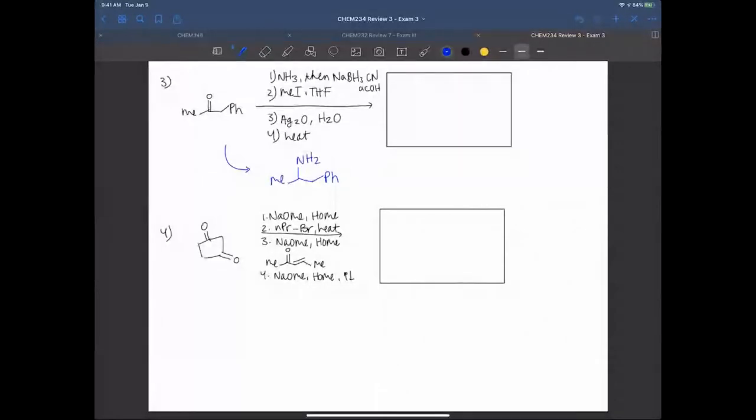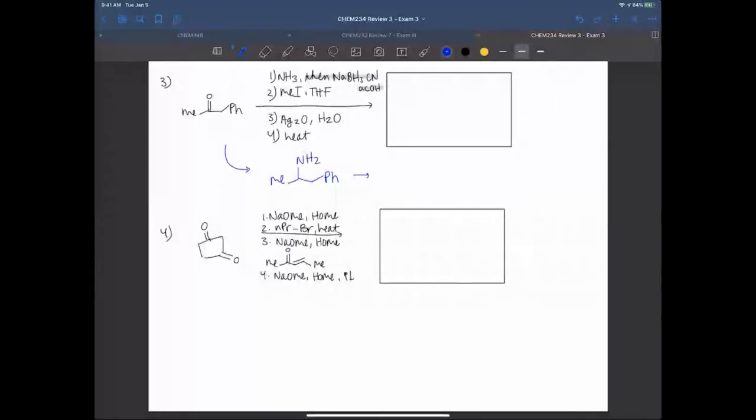Okay, and then, yeah, so I guess that's where I kind of missed out on the review sheet. So please go ahead and add this part here. And what we have after that, we can go ahead and do our Hofmann elimination, right? Because I have methyl iodide, silver oxide, and heat.